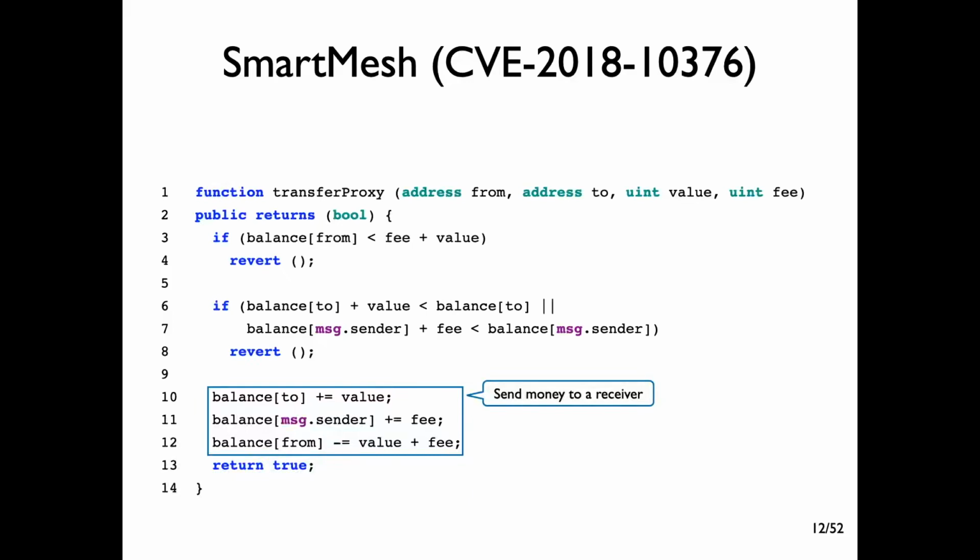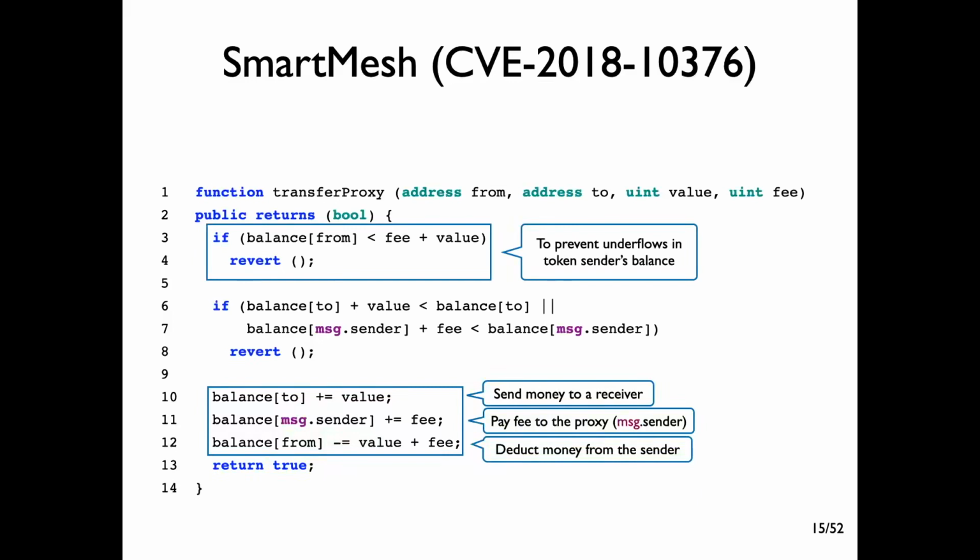The statement at line 10 sends value tokens to a destination account. The statement at line 11 sends fee tokens to a proxy, where proxy is the transaction message sender that invoked this function. The statement at line 12 deducts money from the source account.